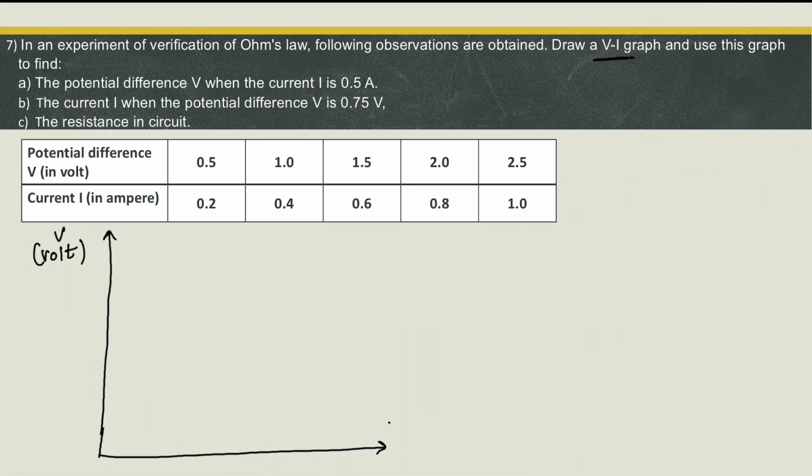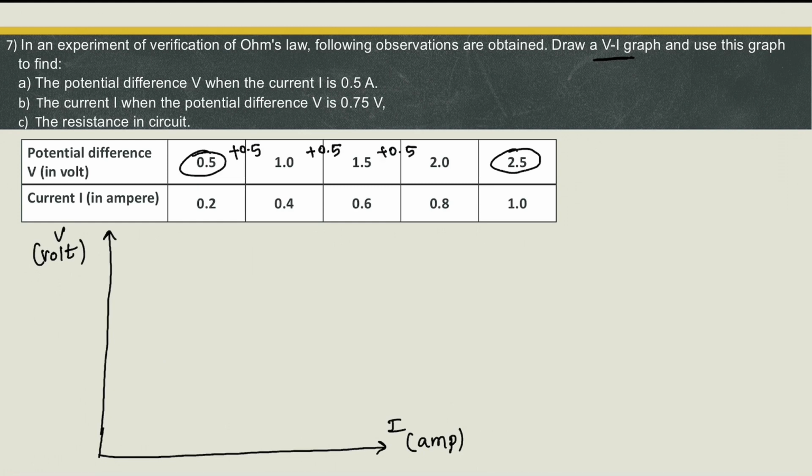X-axis, current is there on x-axis, and what is the unit? Ampere. Unit is ampere. Now if you see, the potential difference is increased from 0.5 to 2.5, and in equal interval the potential difference is increasing. 0.5, then if I add 0.5 into that, it becomes 1, and if I add 0.5 into 1, it becomes 1.5.